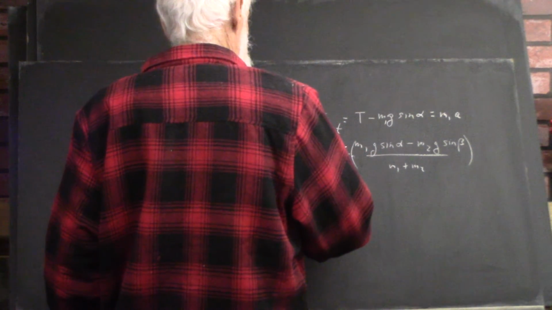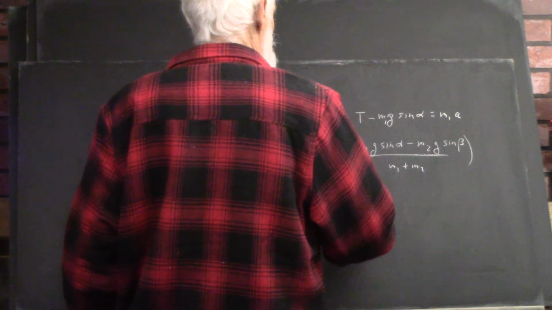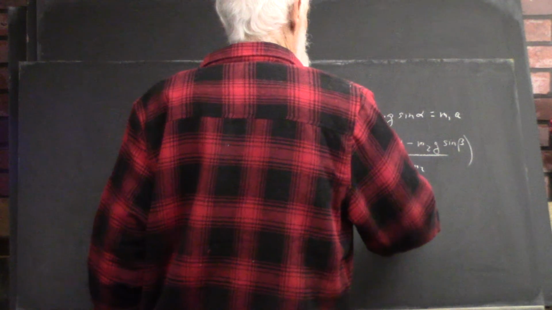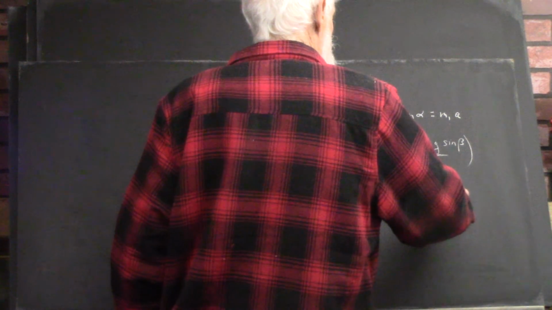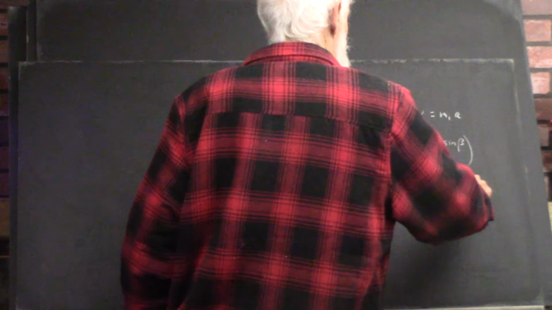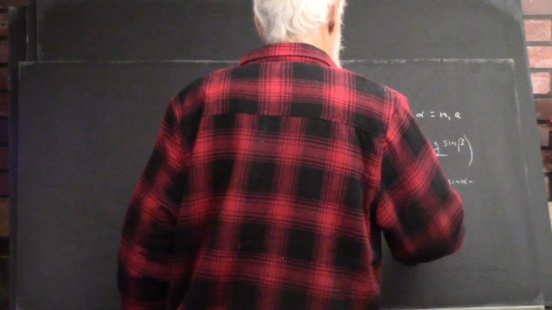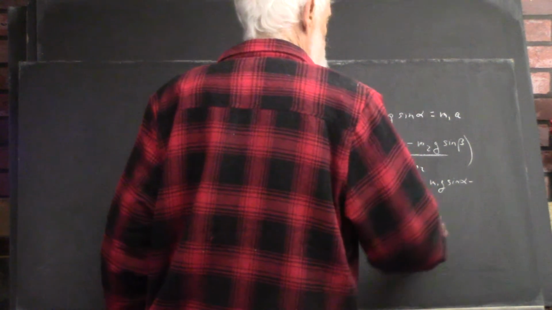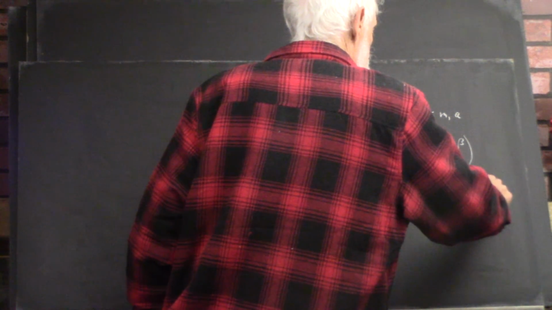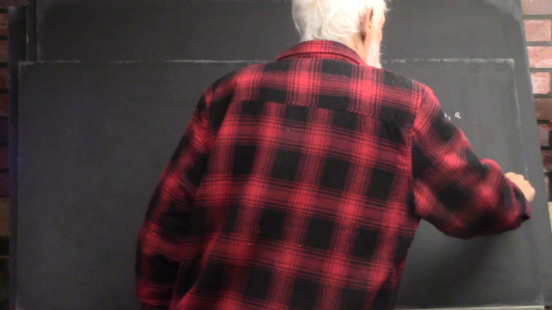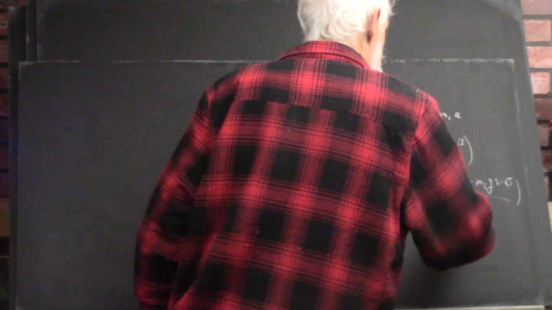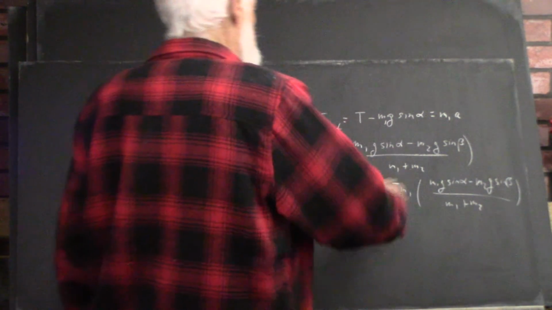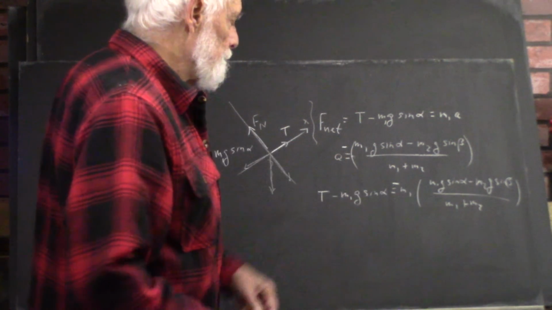So tension minus m1g sine alpha equals m1 times the acceleration, m1g sine alpha, better put a negative sign out there, minus m2g sine beta over m1 plus m2. And we can then simplify this any way we want.